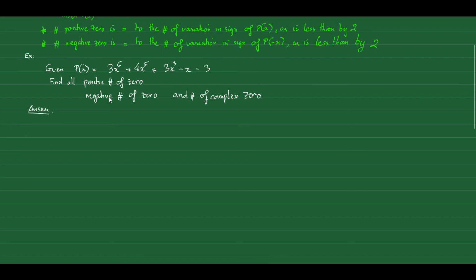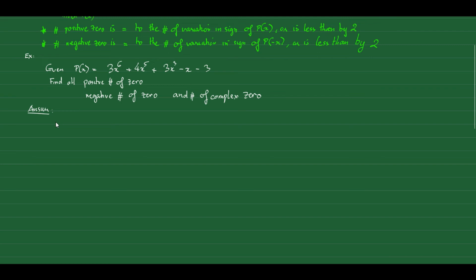We know the total is 6 according to the fundamental theorem of algebra. At most we have n distinct zeros, so 6. It doesn't mean that they always have this, it's always distinct at most. But we know the total will be 6.